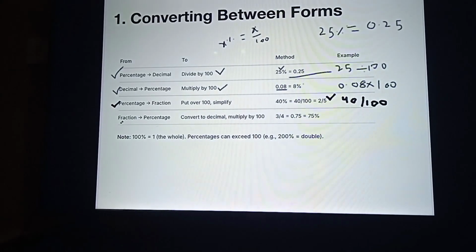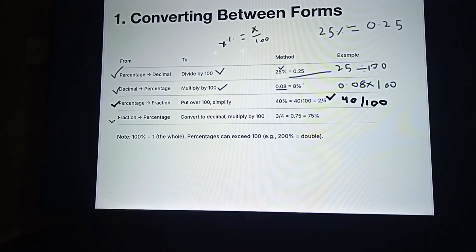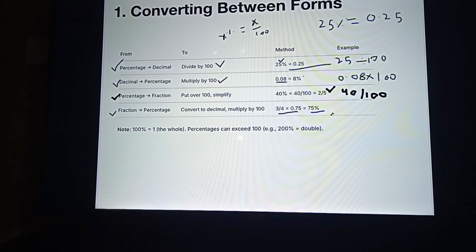Next is how to convert fraction to percentage. So the rule is convert the fraction into decimal, then multiply by 100. So here the fraction is converted into decimal and then it is multiplied by 100. So we are getting 75% in this case.